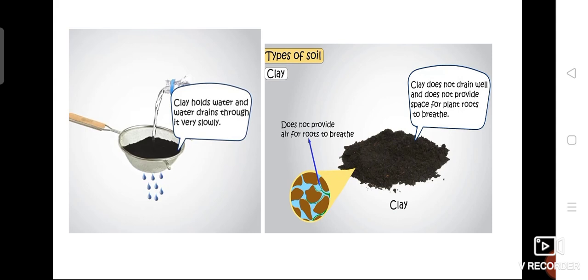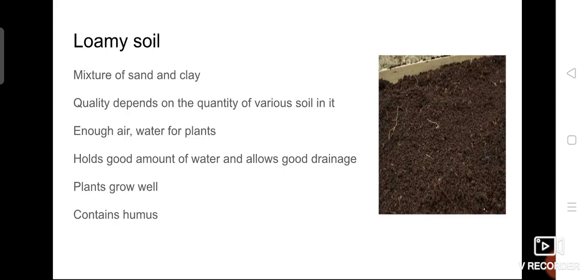Okay. The third thing is loamy soil. Loamy soil is a mixture of sand and clay. So we can say the quality of the soil always depends upon the quantity of the types of soil we have taken, because it is a mixture of sand and clay.